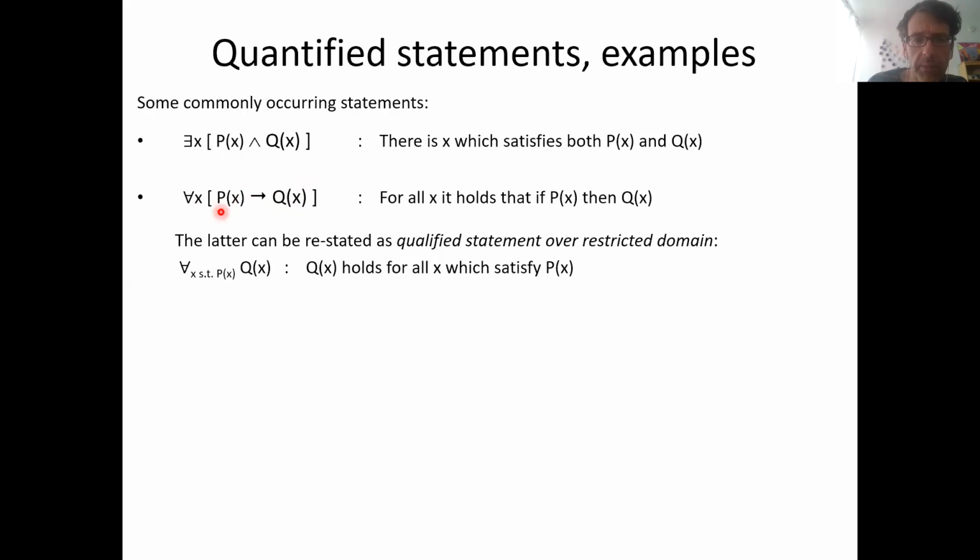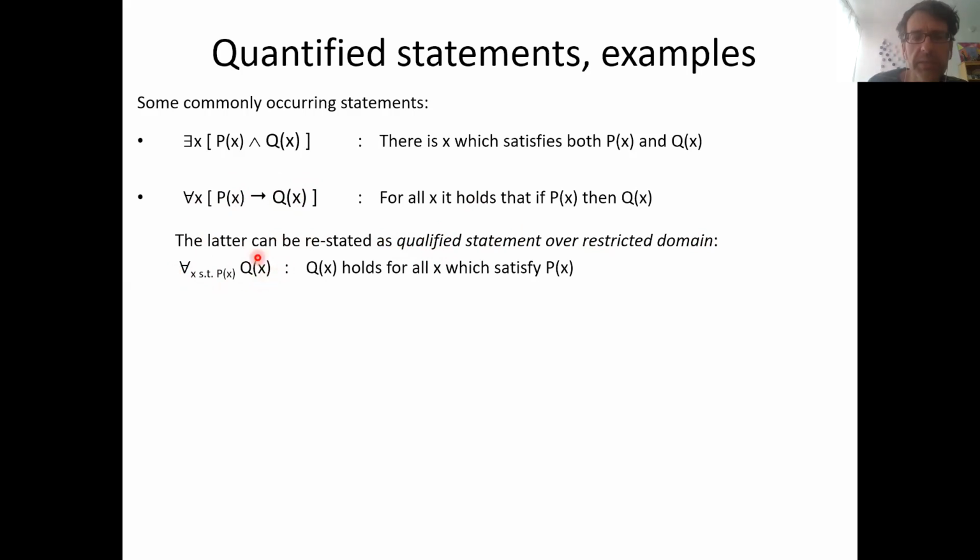Okay. It's so common that it actually has a different syntax in which you can state it. This is known as quantification over a restricted domain. I can rewrite it like this: for all x which satisfy the predicate P, it is true that Q(x).